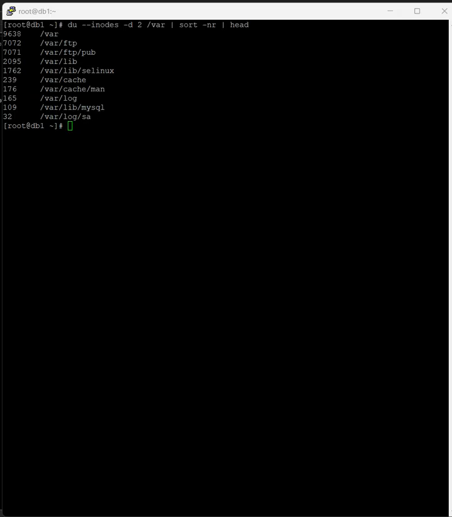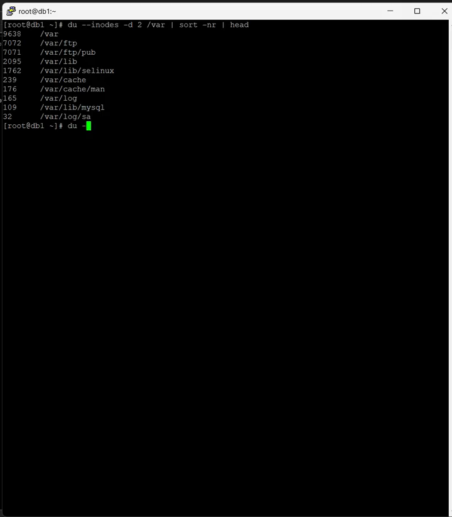The next one is identifying the files which are consuming the space, the directories having more space and more files. What's the command?